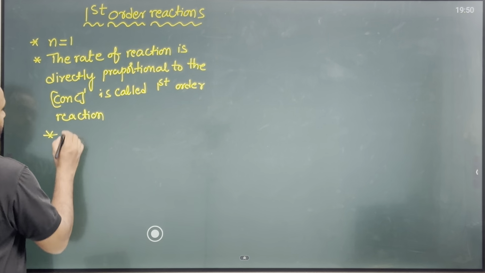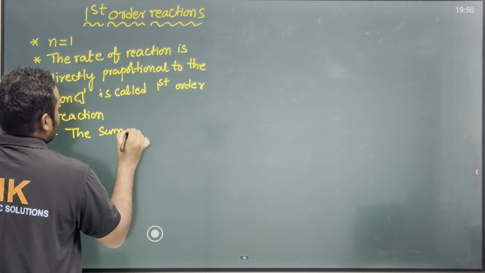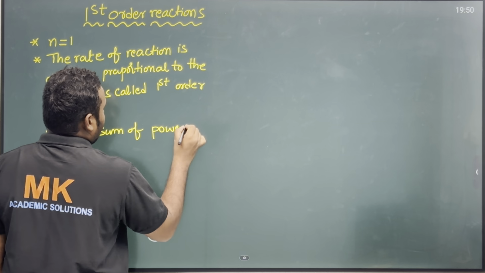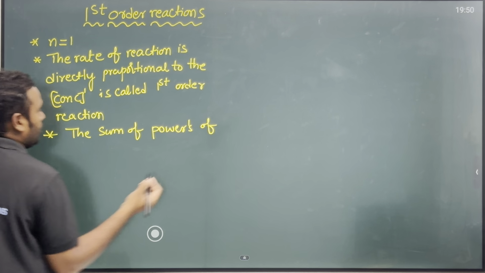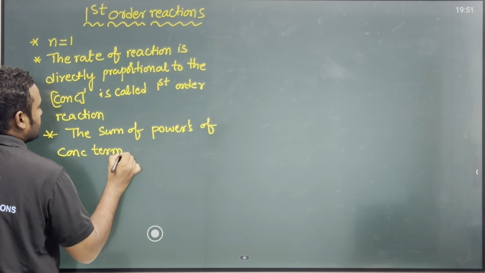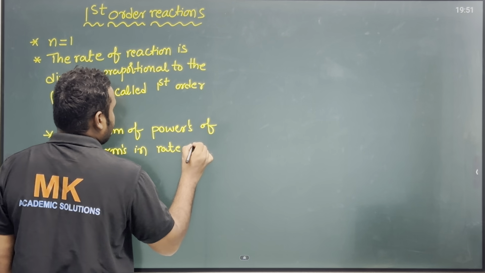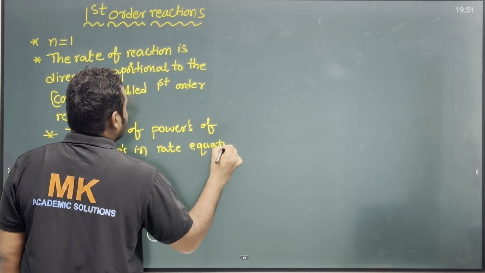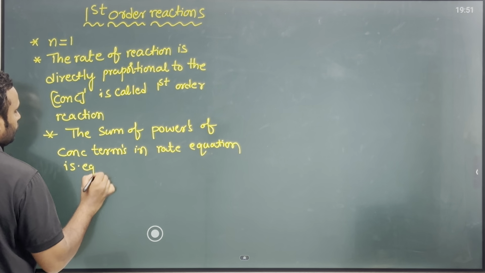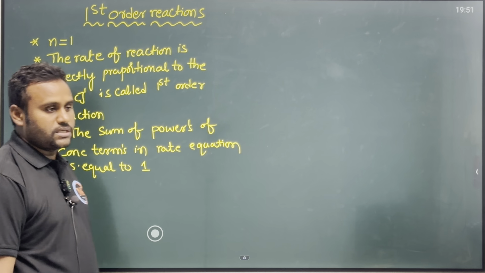The sum of powers of concentration terms in the rate equation is equal to 1. Such types of reactions are called what?